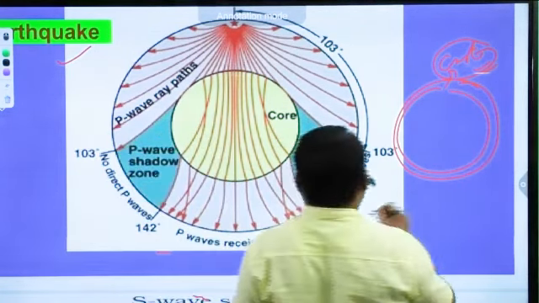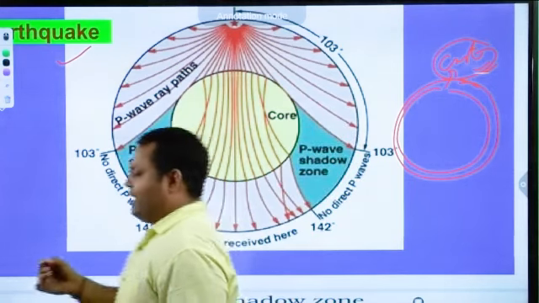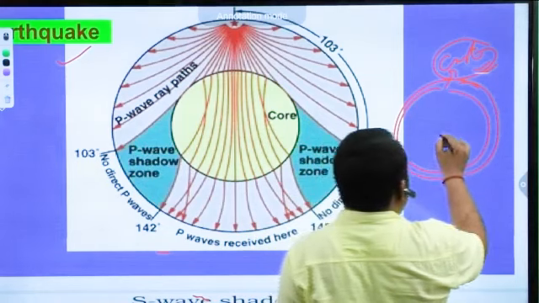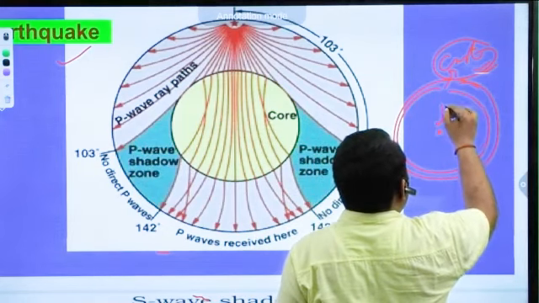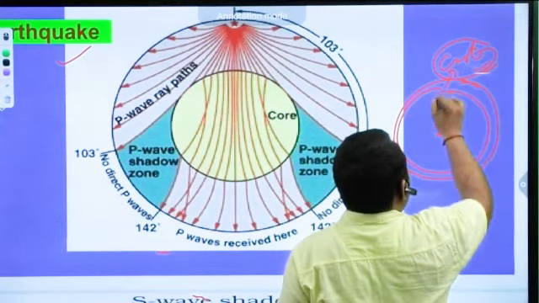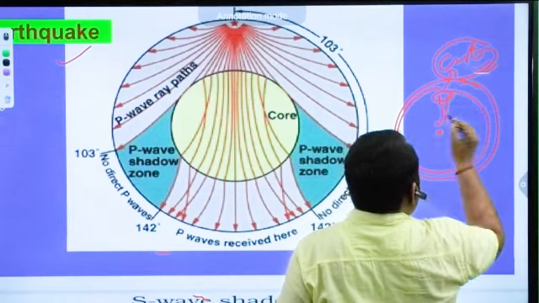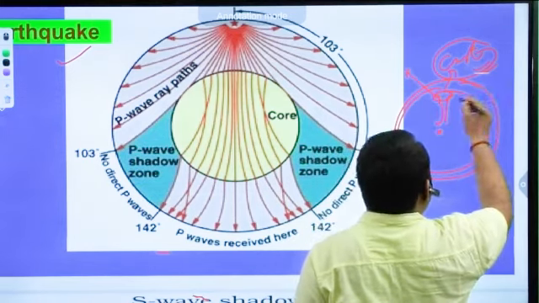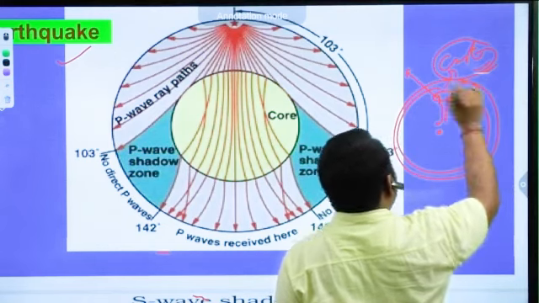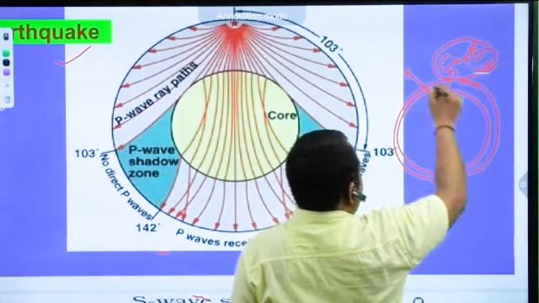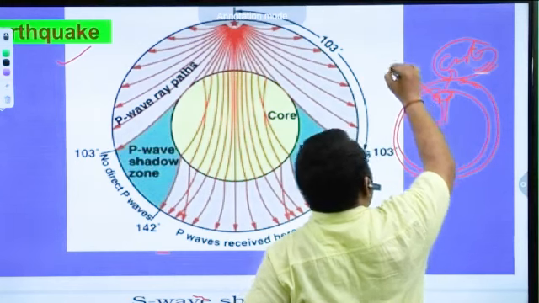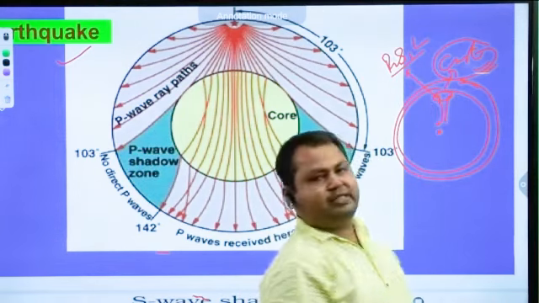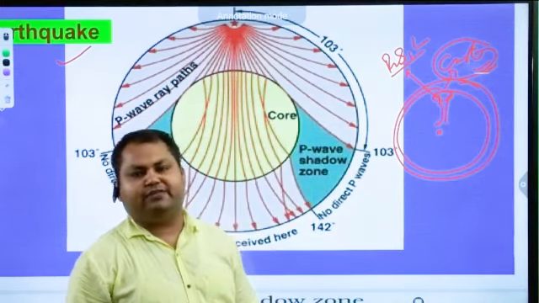During an earthquake, there originate waves called seismic waves. Suppose when magma collides with this portion of the crust, it applies a jerk to the crust, and it starts shaking, and P, S, L seismic waves generate.